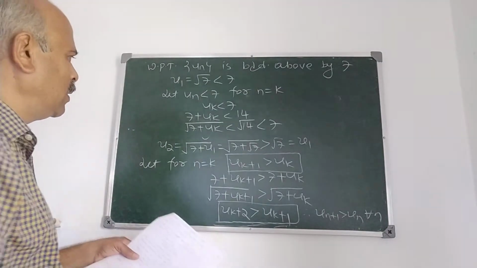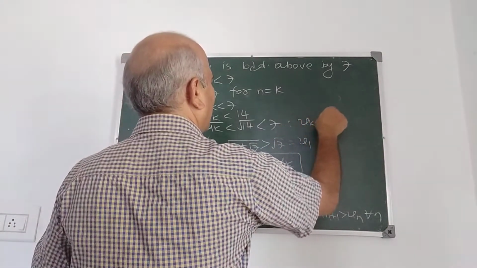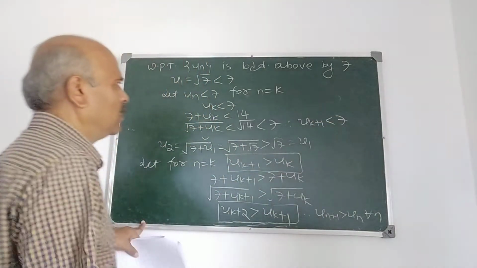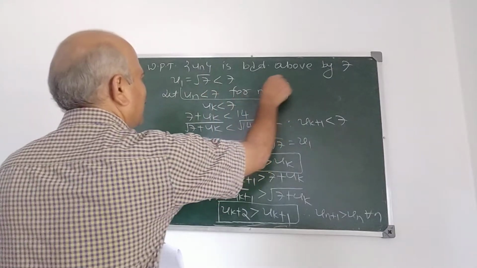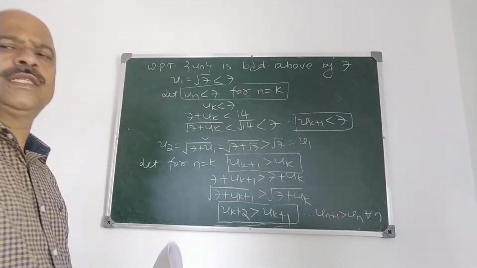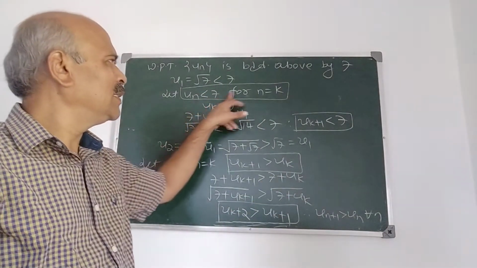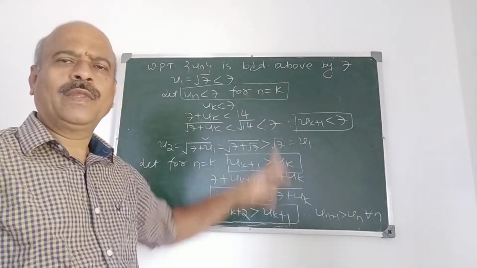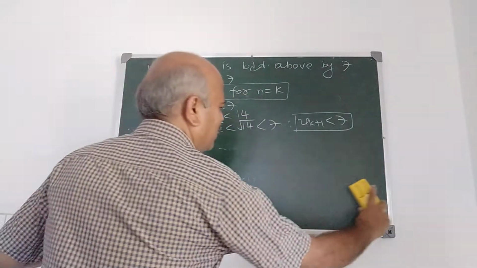Go to the definition: root of 7 plus u_k is u_{k+1}, which is less than 7. So if we assume that u_n is less than 7 for n is equal to k, we get u_{k+1} is also less than 7. What happens? u_n is less than 7 for all n. Therefore, the sequence u_n is bounded above by 7.